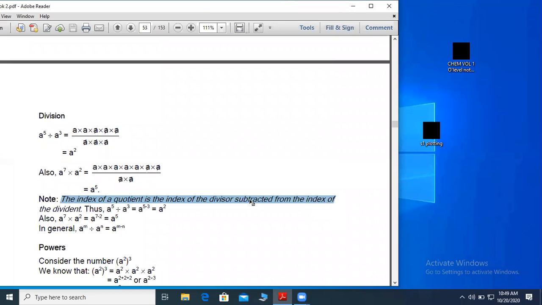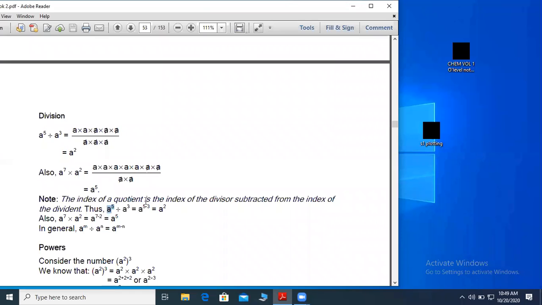So the divisor is the number which is the numerator, and the dividend is the number we are dividing, which is the denominator. So what does this tell us? It tells us that if you are dividing indices, for example, a power 5 divided by a power 3, it should give us the answer as a.